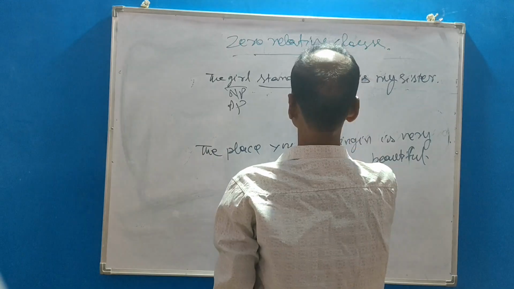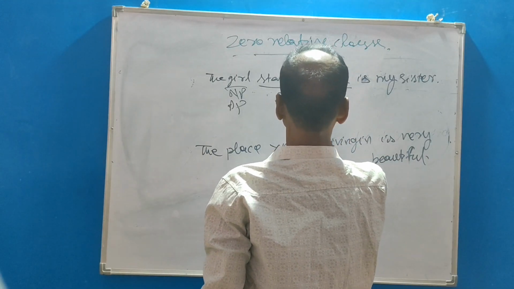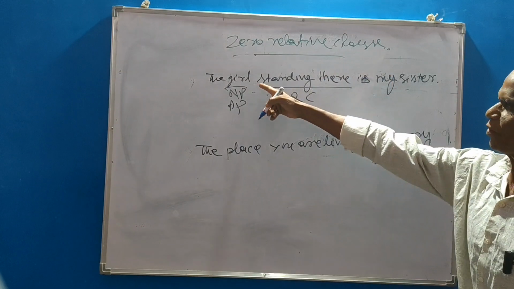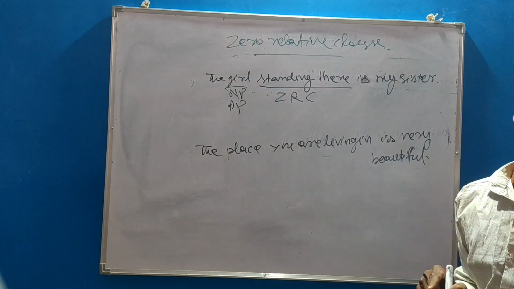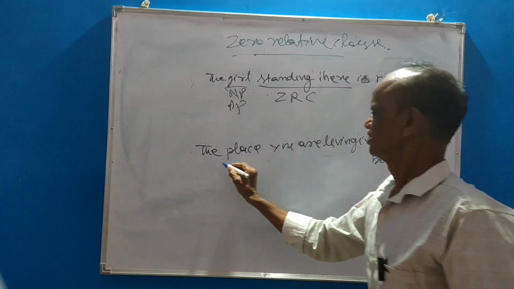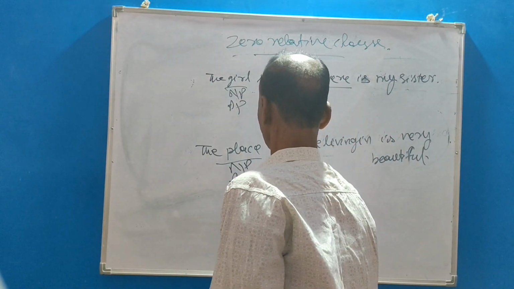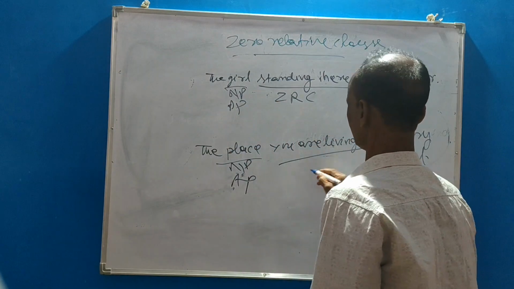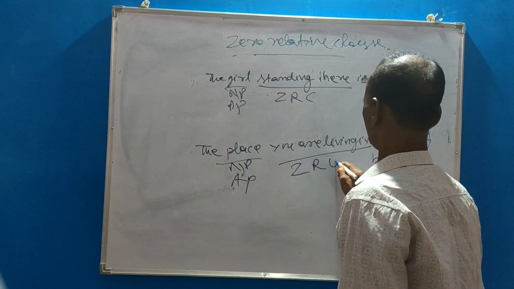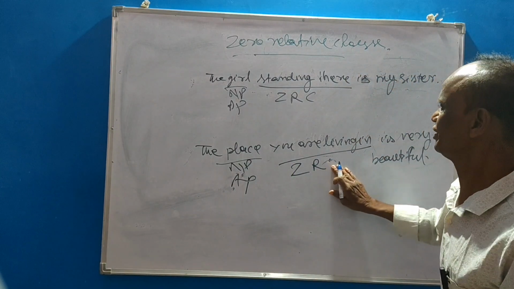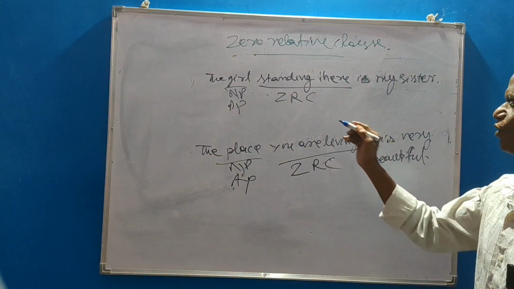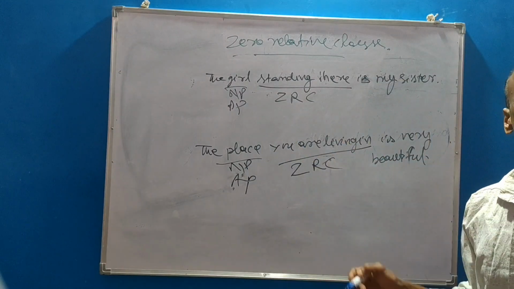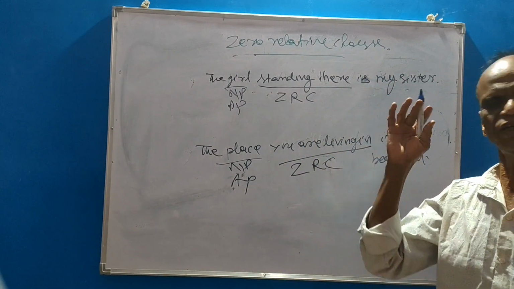Standing there, zero relative clause. Okay, because the relative pronoun who is missing. Okay, the place you are living in. The place is the noun phrase or say antecedent part. You are living in, zero relative clause, because the relative pronoun where is missing. This sort of question will come only in competitive examinations.